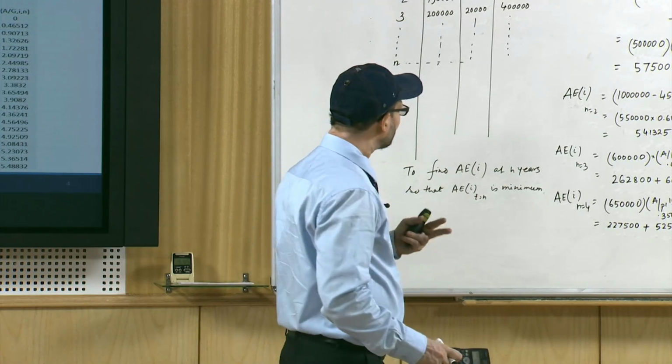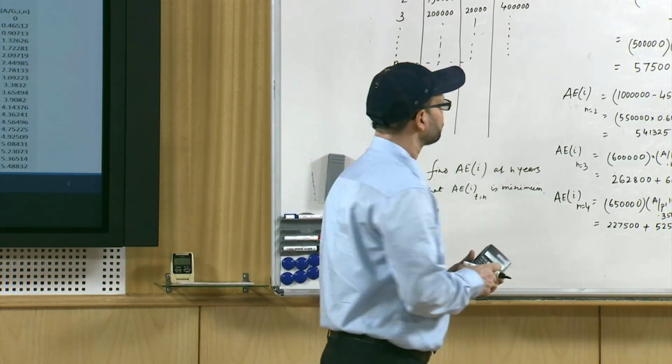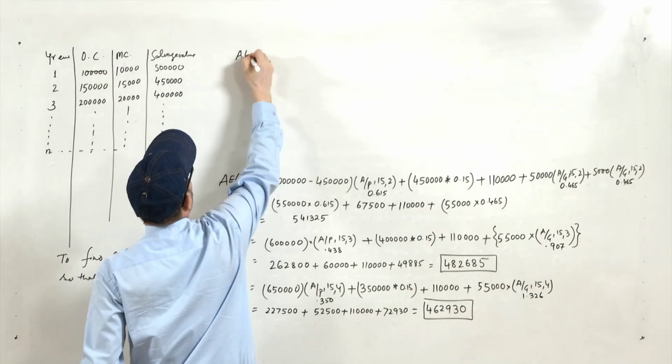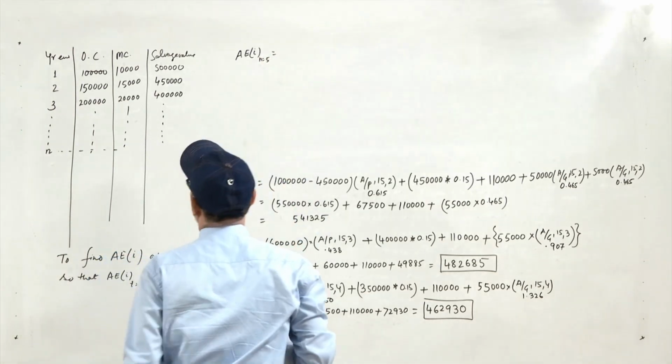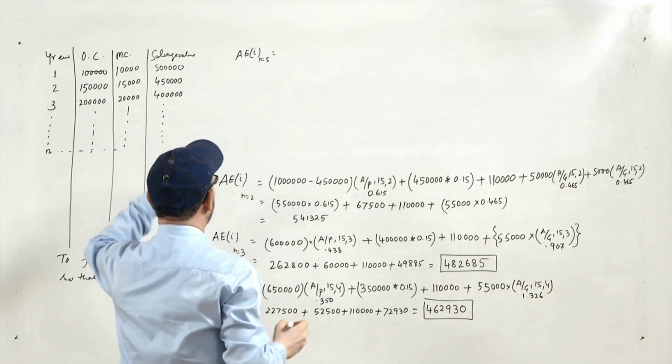We have to again check for 5 years. So, for 5 years, it will be 3 lakh.